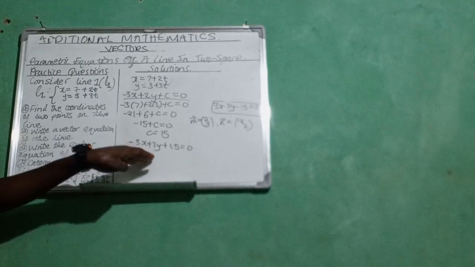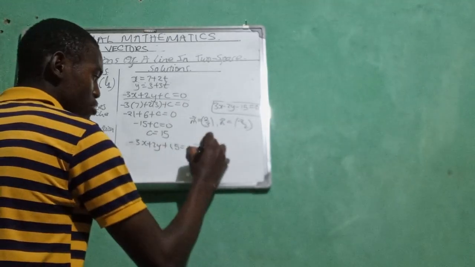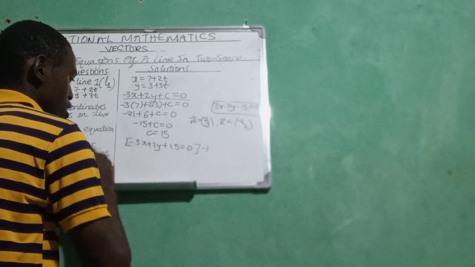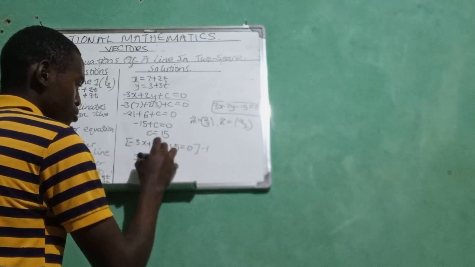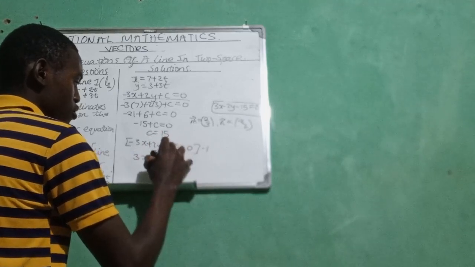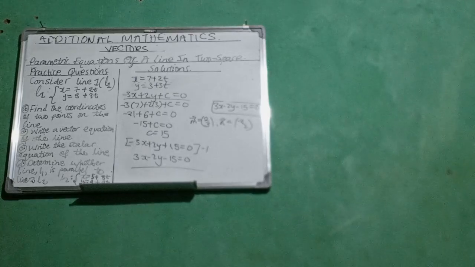So as you can see, this equation is almost looking like this equation. It only needs one thing: you can multiply throughout by negative 1. You have 3x, negative times positive minus 2y, negative times positive minus 15 is equal to 0. So that would be your final answer. This is your scalar equation of this line.